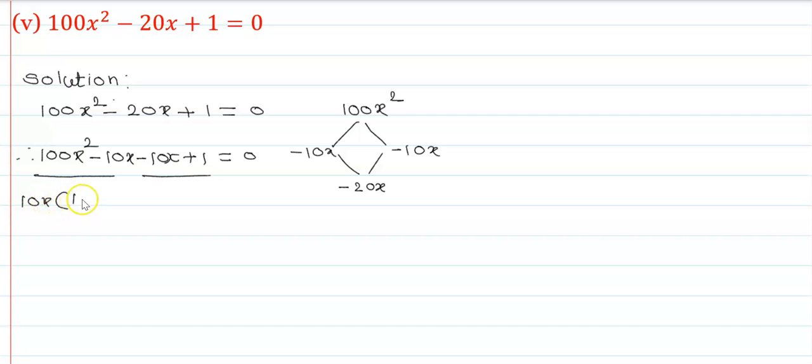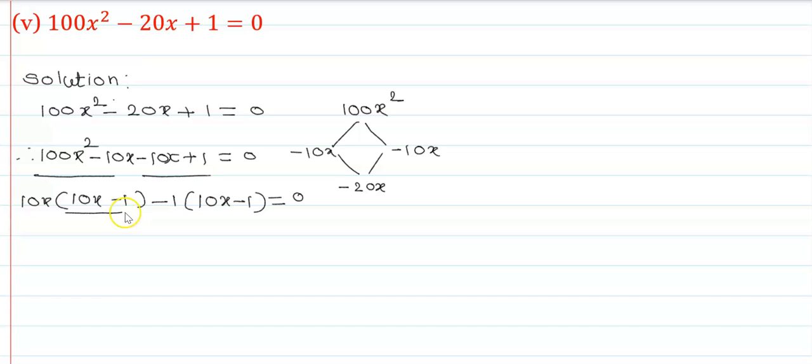Then in the bracket 10x minus 1, and here minus 10x plus 1, the common we take as 1, which is minus 1, because minus 10x has a minus sign. Therefore, we are taking minus 1 as a common. And then here you will get 10x minus 1, bracket complete, and that's equal to 0.